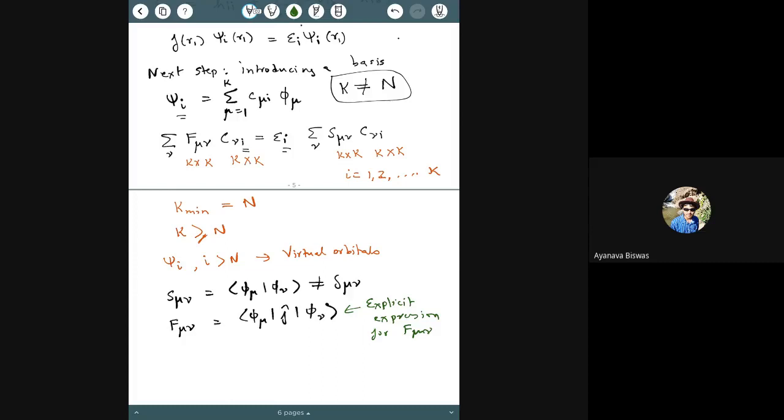Before that, just let me write this equation in a matrix form. So this is simply Fc is equal to Sc epsilon. Now, because I'm writing it in matrix form, I am ensuring that my dimensions match, or the index pairings match.